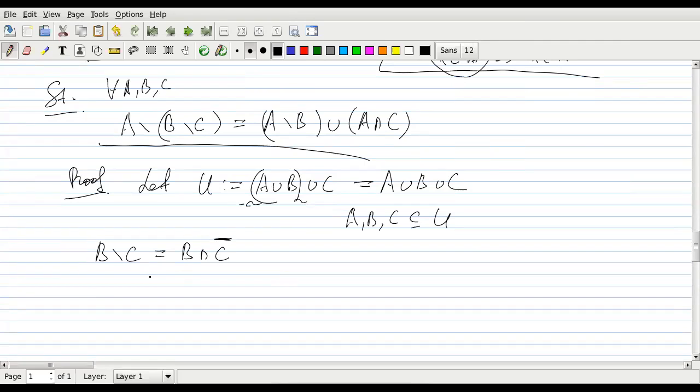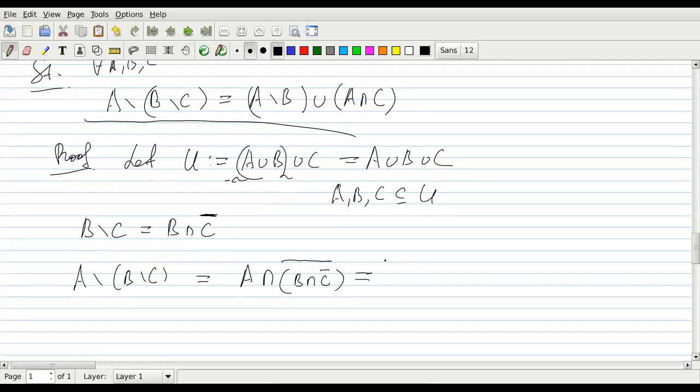Yes, it is. So the left-hand side is just A intersected by what? By the complement of this set. And now we may easily use our De Morgan's law. The complement of the intersection is the union of complements, the union of the complements, of course.